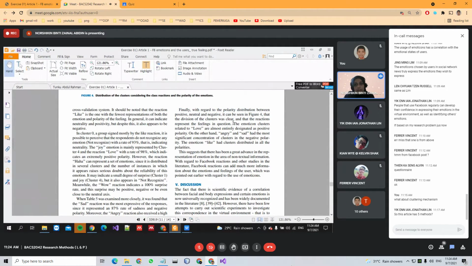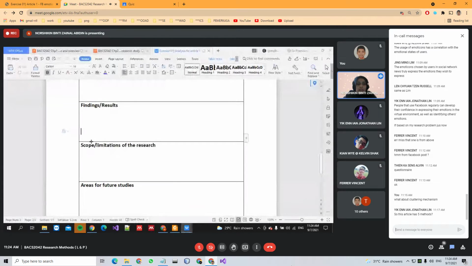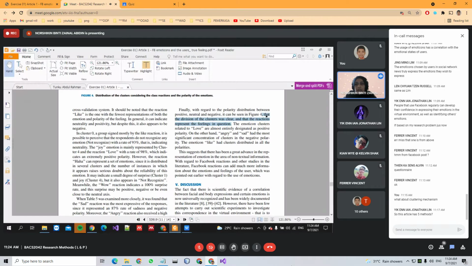So they step back to the hypothesis again. They say that the vision of the cluster was clear, and that the direction represents the feeling of the question. So this section justifies or steps back to the hypothesis. This is not the hypothesis itself, but it refers to the hypothesis earlier in the research, saying that this hypothesis is accepted because of the analysis of the data.